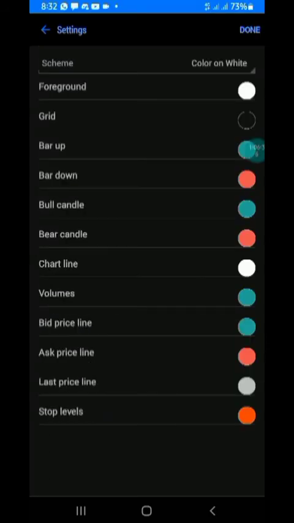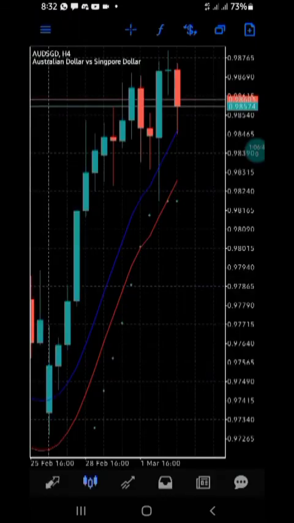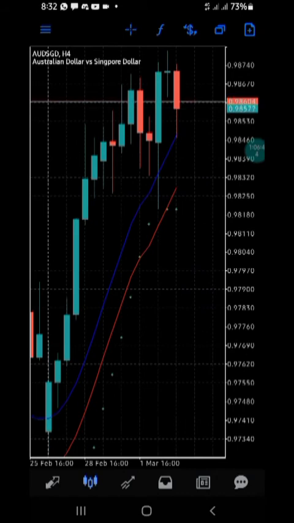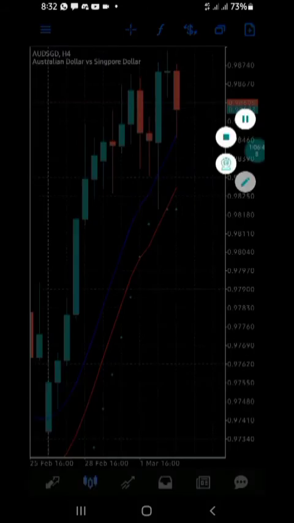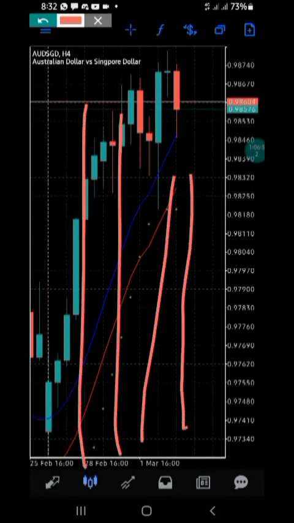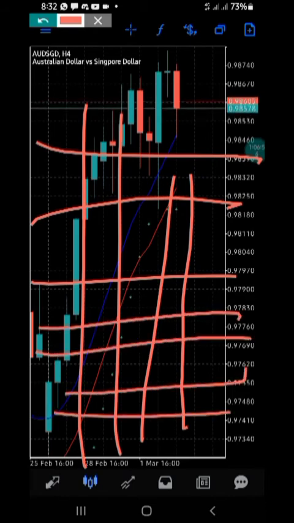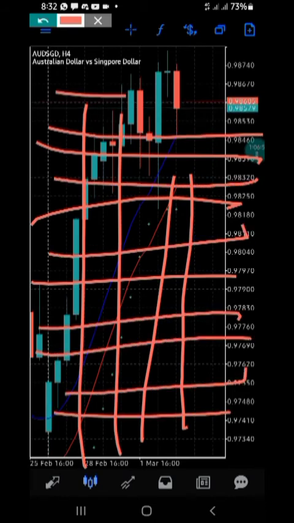Then the grid is these black lines. You can see there are tiny black lines moving on this chart. This is what is called the grid.